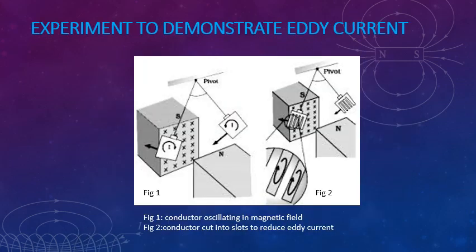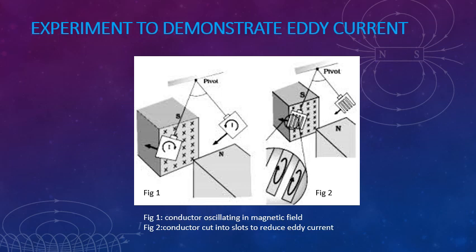Next, we will be moving to the experiment to demonstrate eddy current. Look at the figure. Consider a conductor oscillating between the pole pieces of an electromagnet. When the conductor moves towards the magnetic field region, that is, the region between the north and south pole of the magnet, its flux increases.